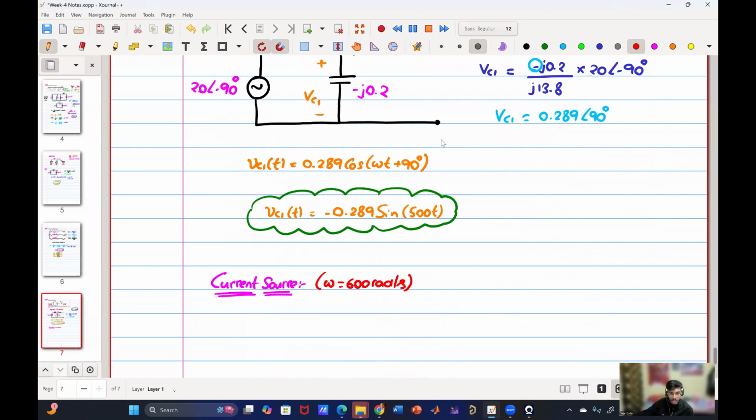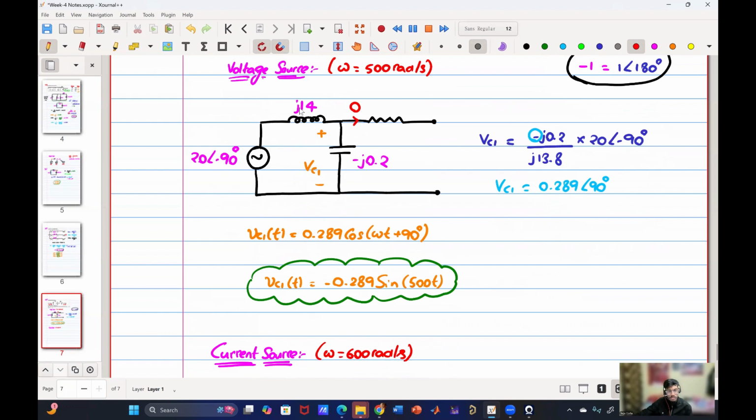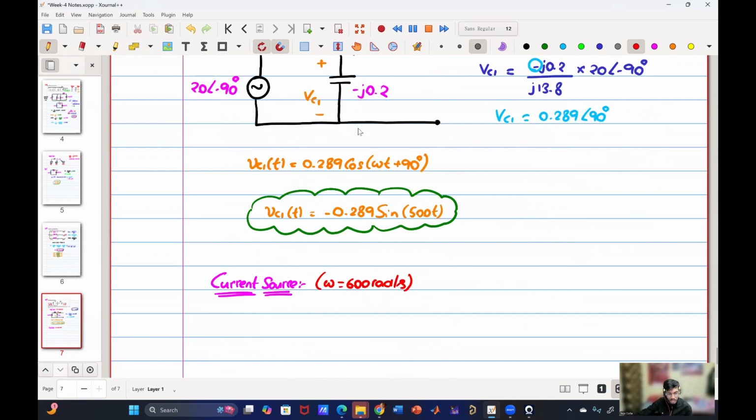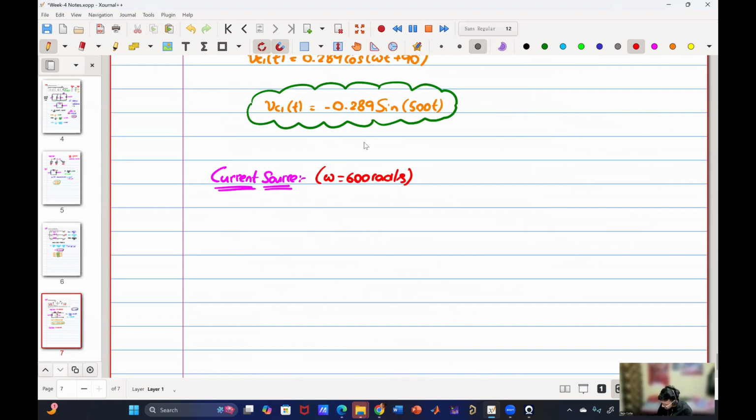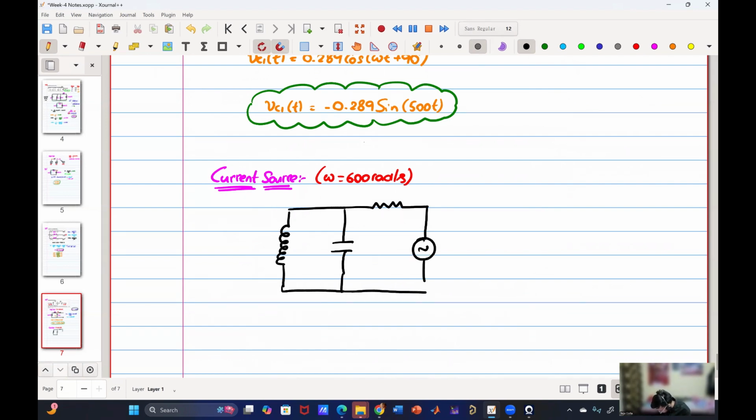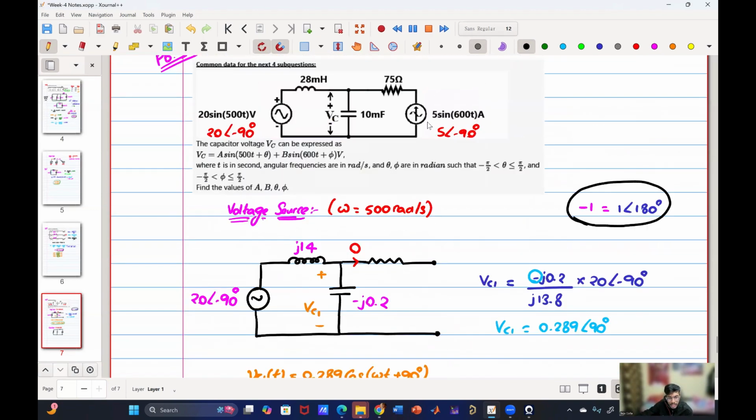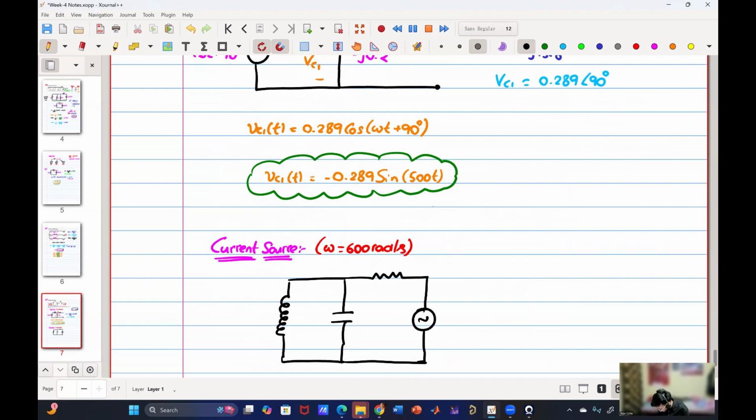So again, L will change and C will change, because they are dependent on omega, and the voltage source will be short circuit. If you calculate L, you will get something like this: C, and then a resistor, and then a current source. They're representing it like this, so let us also represent it like that.